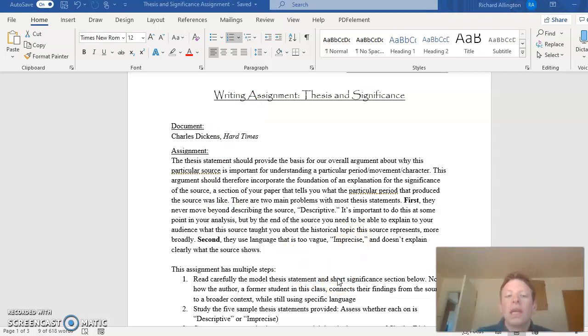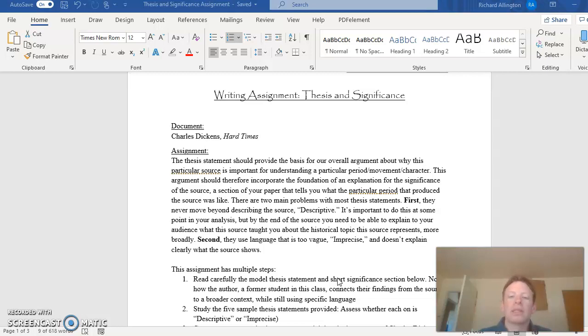These thesis statements get too far away from the source or don't get specific enough about what it's teaching us about the period. So sometimes I read thesis statements or statements of significance that say that this showed that things were changing during the period of ancient Greece, or during the Protestant Reformation. And we need something more specific than that.